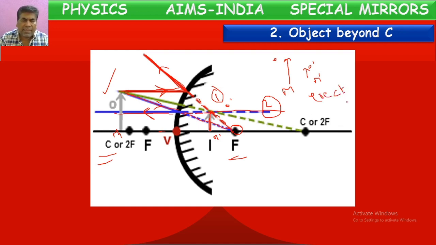Erect image means standing straight like the object, or upright. The upper part is the same as the object, upright. So what is the size? Diminished, small. Where is it formed? Between focus and pole. Please children, we take this as P, between focus and pole. When the object is beyond C, the image is formed between focus and pole.